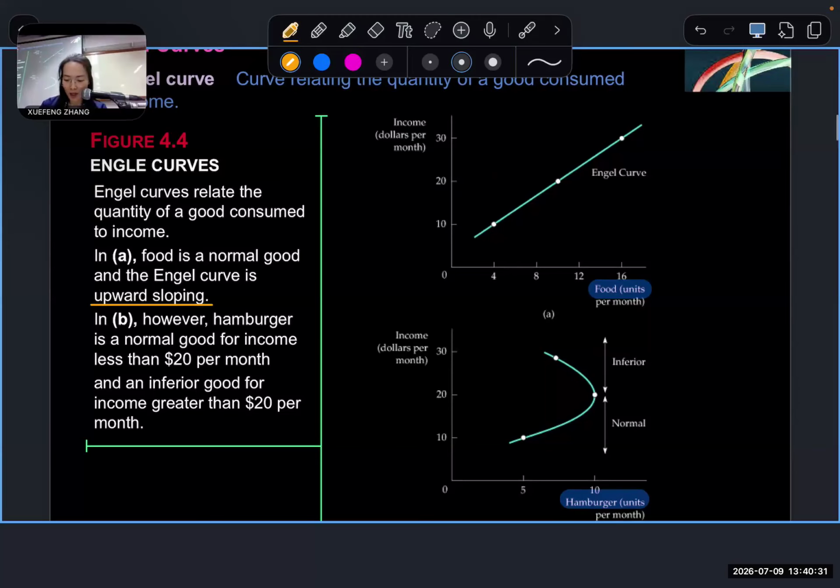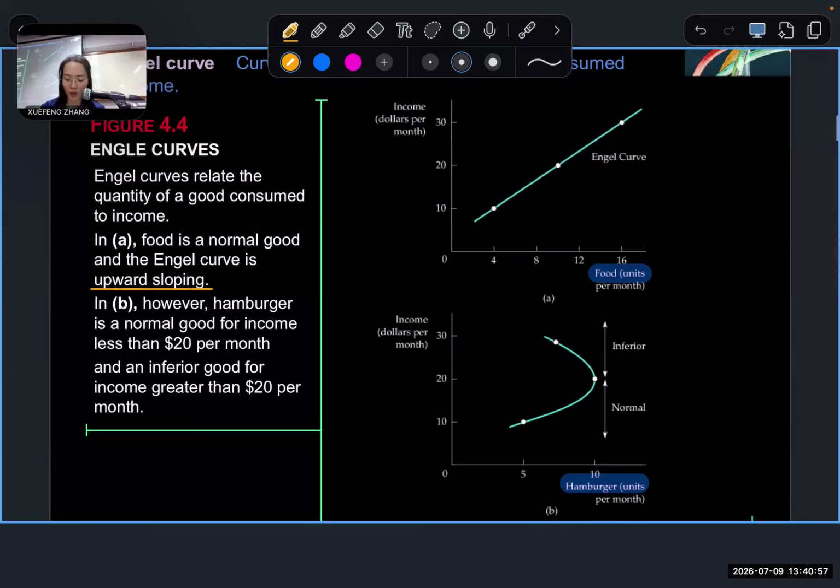And in B, however, hamburger here is a normal good for income less than $20 per month. And then it becomes an inferior good for income greater than $20 per month. So if you get richer and richer, you're gonna buy less of that good.